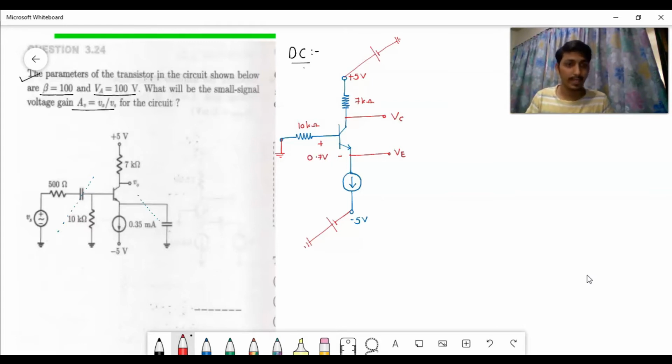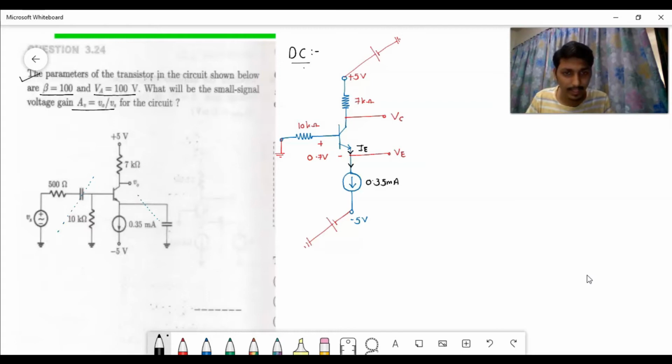Okay, so applying KVL for the base loop, we will get, as you can see, this is our IE, and this is also flowing as a current of 0.35 milliamps. So this will be replaced by IE only.